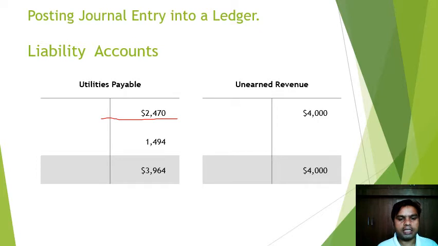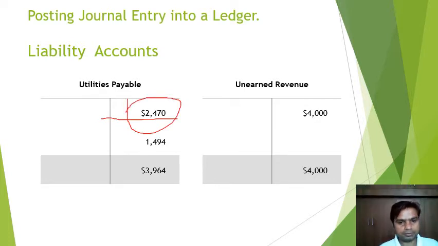It was the electricity bill which we received, and at the end of the month we hadn't paid it, so again it's a liability for the company, and that's why it has been posted in liabilities accounts as utilities payable.